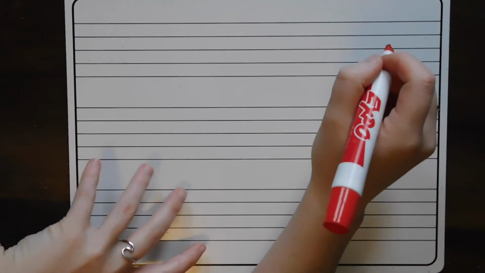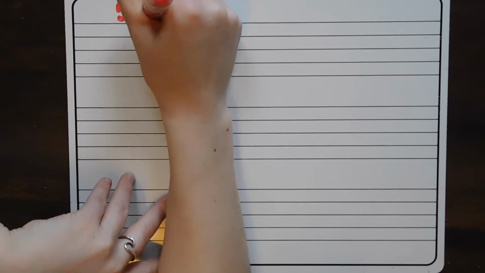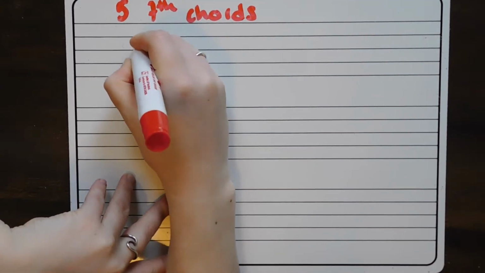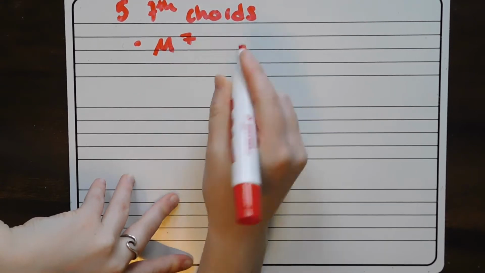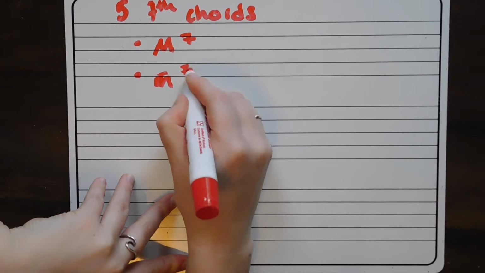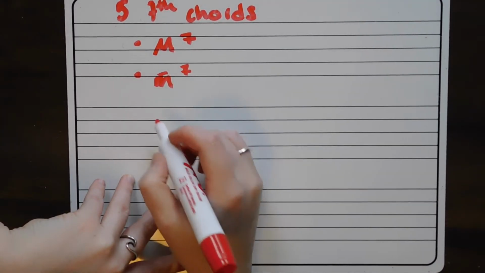Okay, so there are 5 different 7th chords. Those are a major 7th, which we write as a capital M with a 7. There's a minor 7th; I always do a lowercase m with a line over it just to define that it's minor.